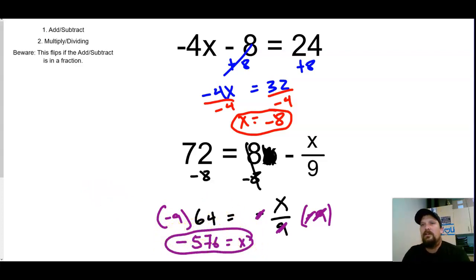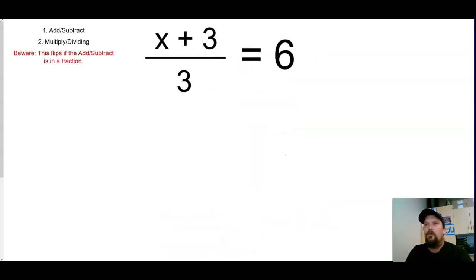Let's do one more example, this time showing you what it looks like if we have to flip the steps. Notice this x plus 3: the plus sign is involved with the fraction or the division. That means I can't minus 3. This plus 3 is buried inside. We have to break it out of this division first.